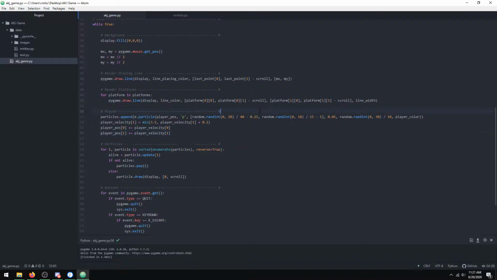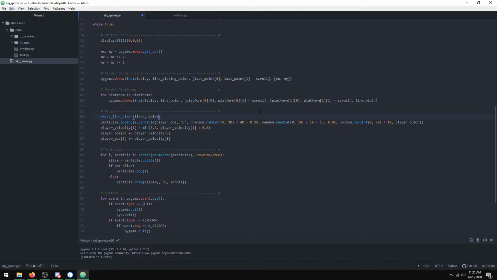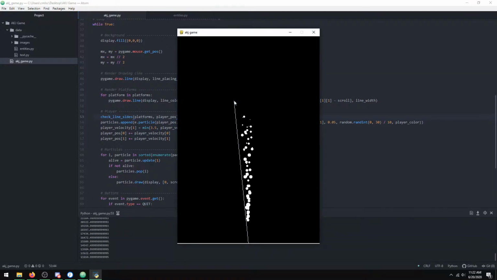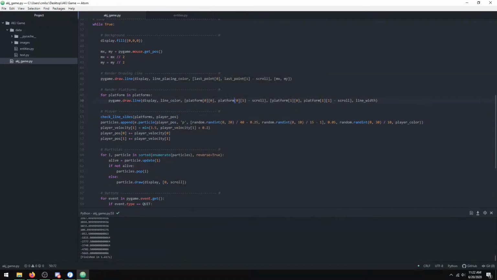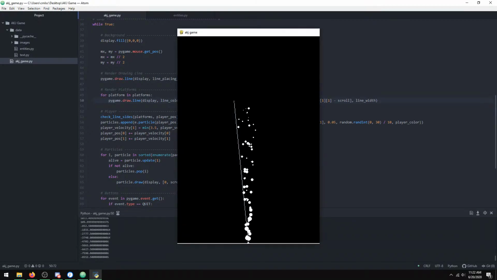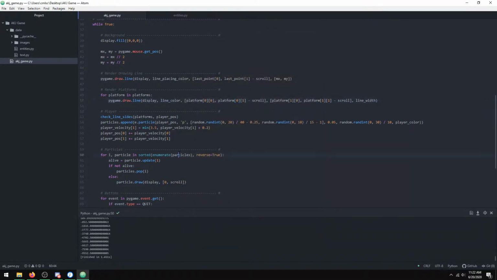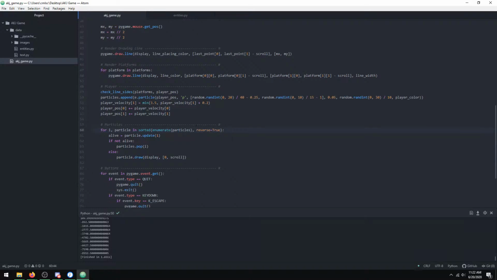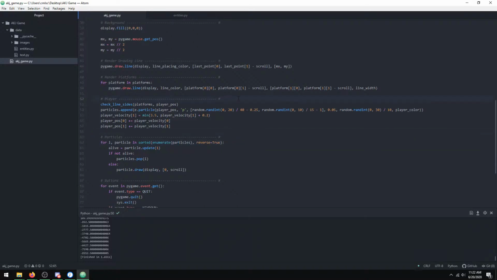So I want to call this function with the platforms with the player's position, so player position. I just want to see so positive, negative. So now I need to be able to track when it switches.